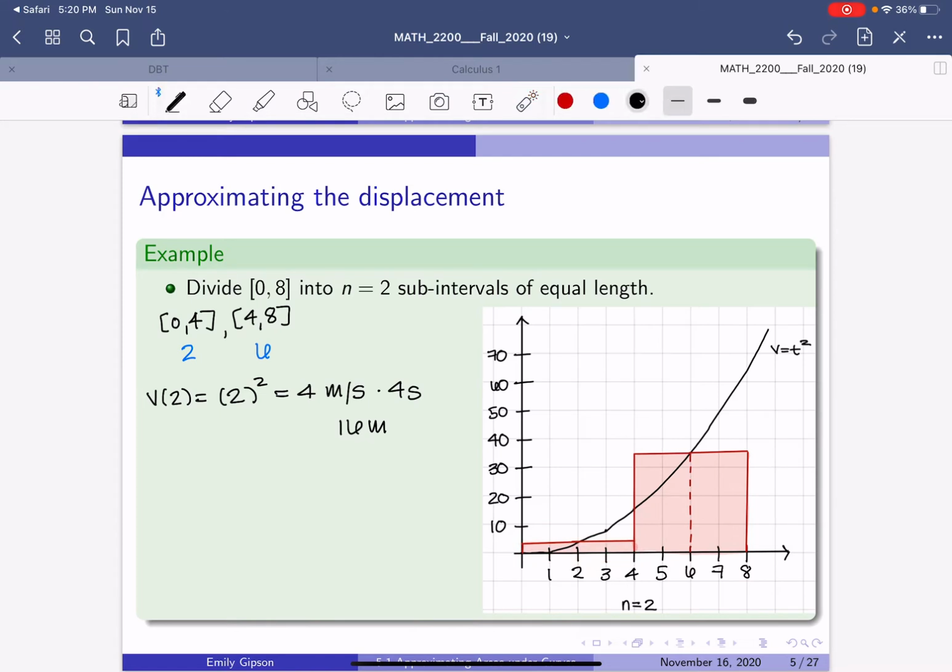For the second one, we need v of 6 equals 6 squared equals 36 meters per second times 4 seconds equals 144 meters traveled. So the total area of both of these rectangles is going to be 16 plus 144 equals 160 meters. So that's our very first approximation.